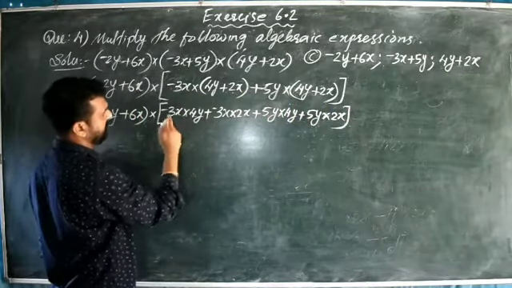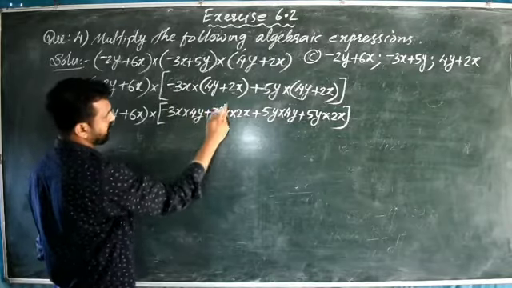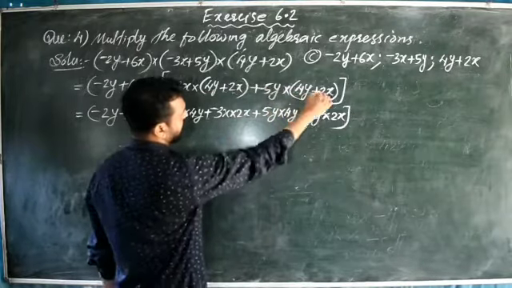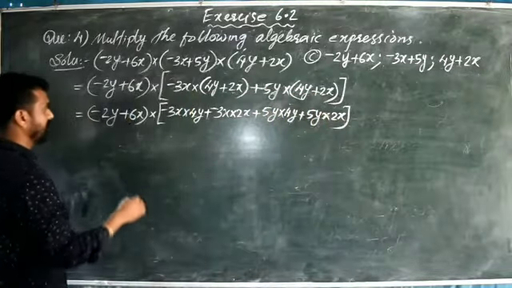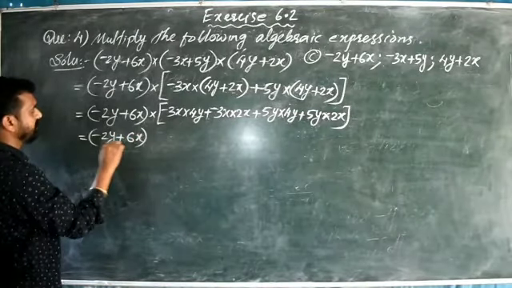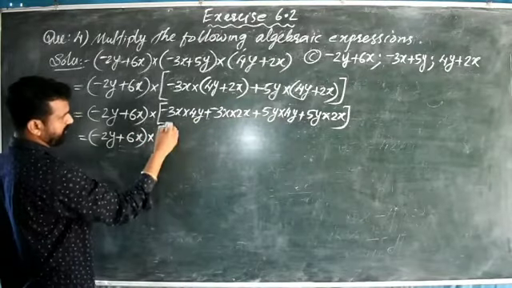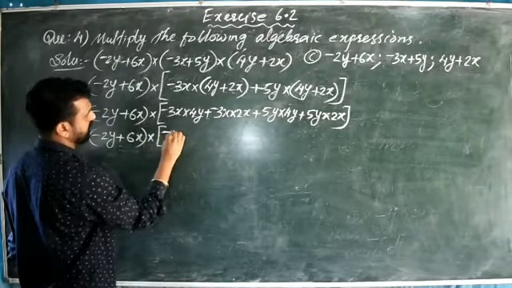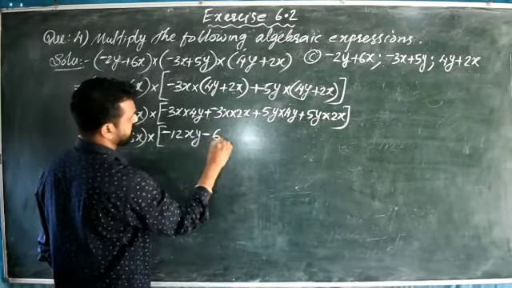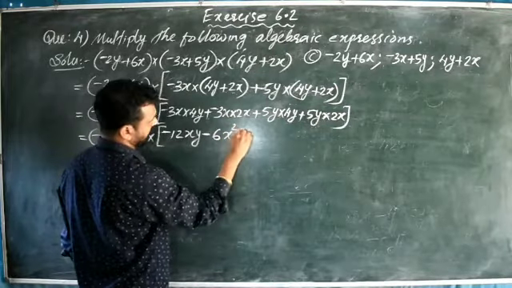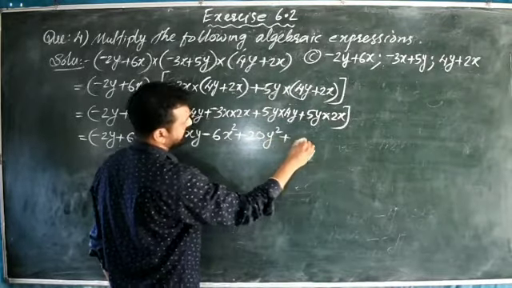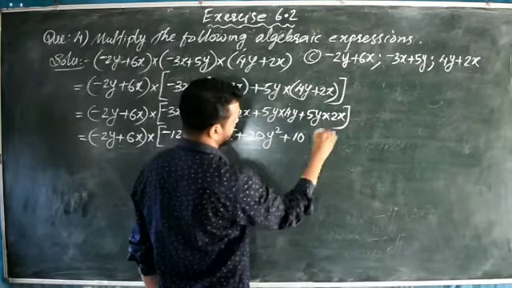That is equal to, first binomial we will write as it is, minus 2y plus 6x, into minus 3x into 4y, minus into plus, minus 3 4s are 12xy, plus into minus, 3 2s are 6, x into x, x square, plus 5 4s are 20 y into y, y square, plus 5 2s are 10, y into x, xy we get.